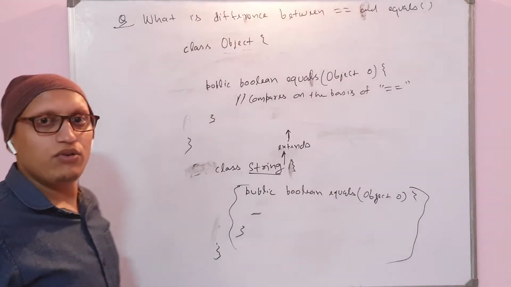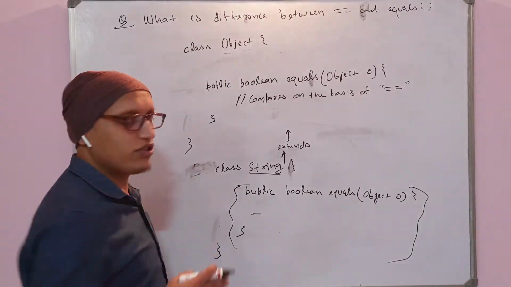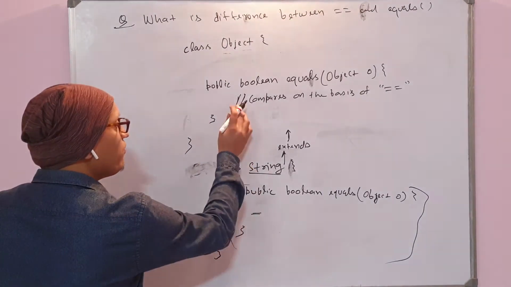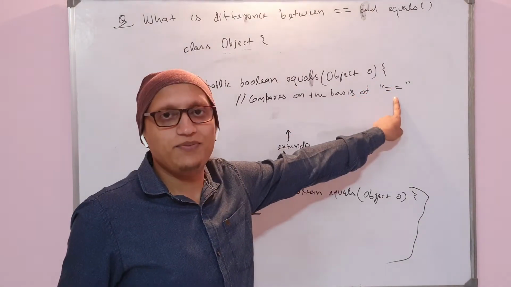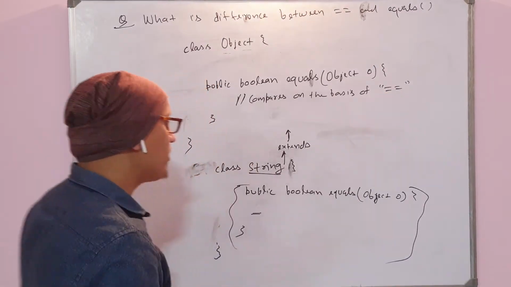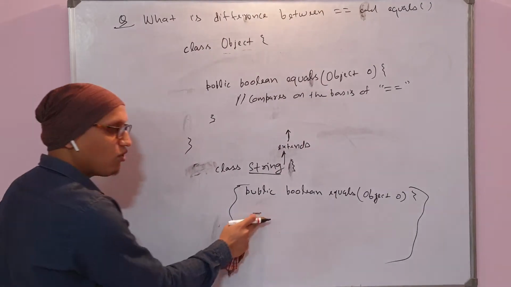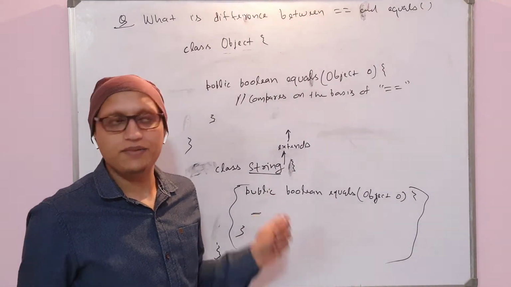So if you create your own class and rely on Object's equals method to compare on the basis of content, that's wrong, because the default equals compares on the basis of double equal, so again it will compare on the basis of object identity. So you must override this equals method in your own class, then only it will compare on the basis of content.